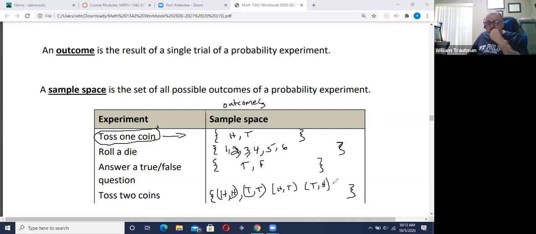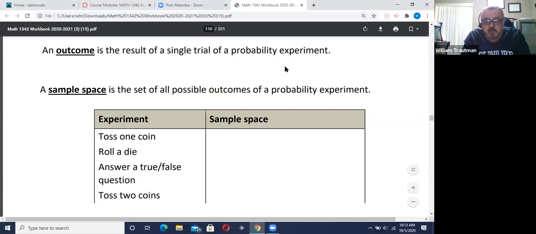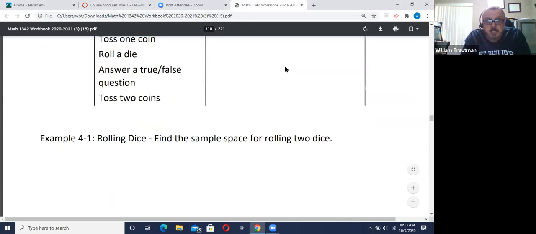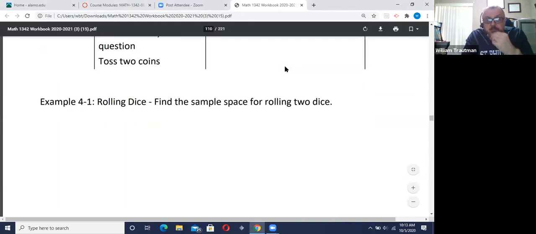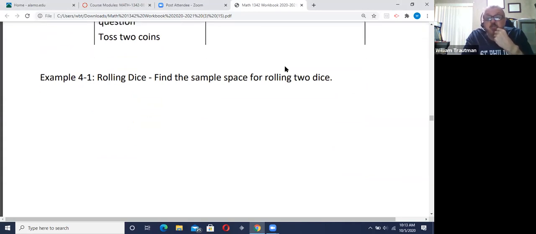On a true-false test, you could get a true or you could put down false. That's it. So these are outcomes of an experiment or a trial or whatever we want to call it. So find the sample space of rolling 2 dice.